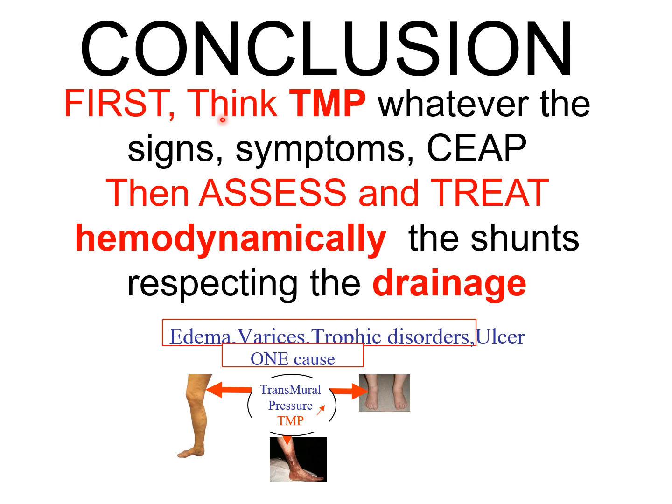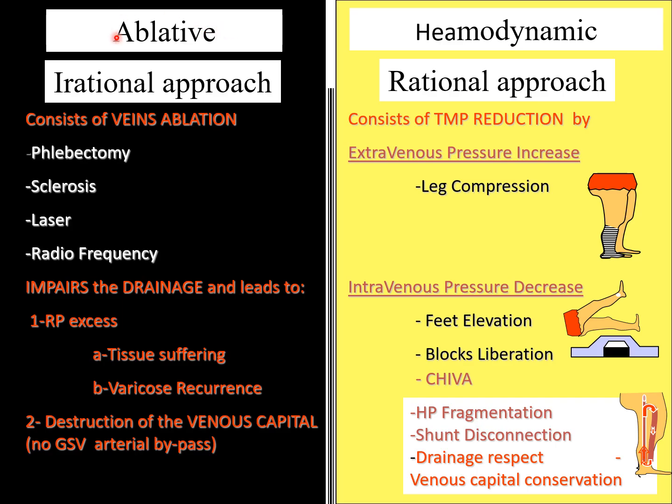Conclusion. First, think TMP, whatever the signs and symptoms. Then assess and treat hemodynamically the shunts, respecting the drainage. Ablation is an irrational approach.